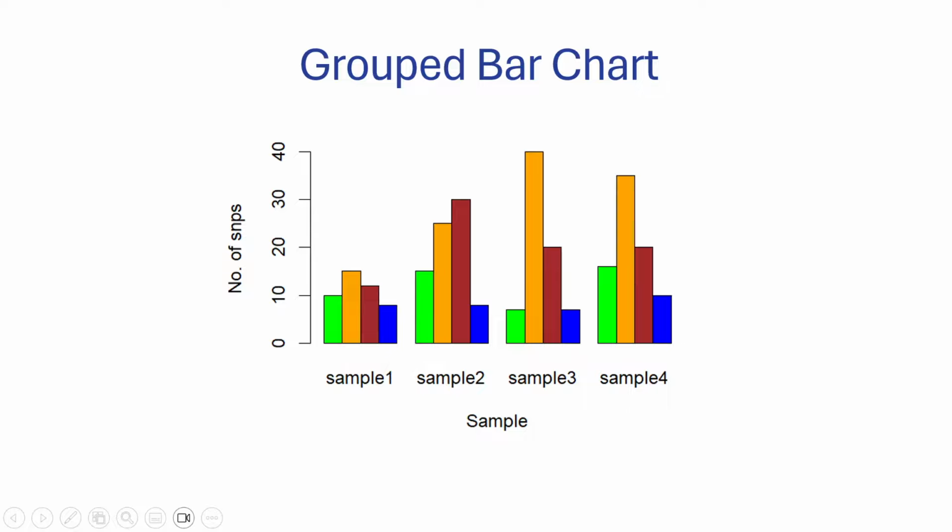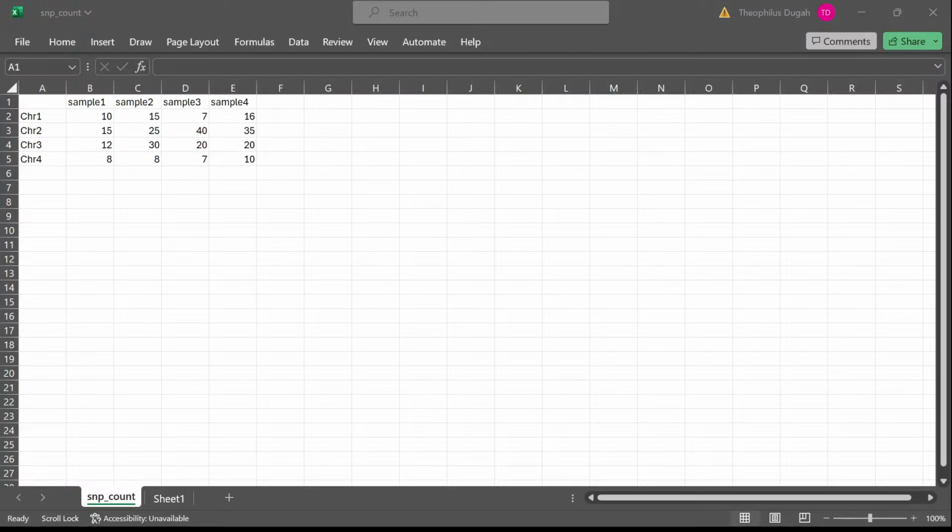Let's go back to the GitHub page and look at what we have there. If you view this data in spreadsheet software, you will have it like this.